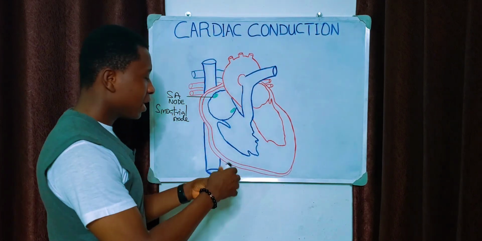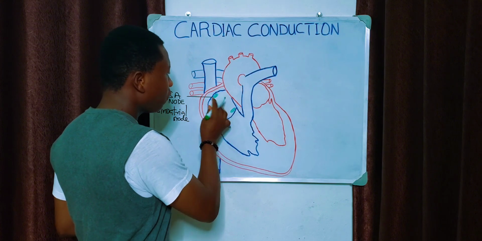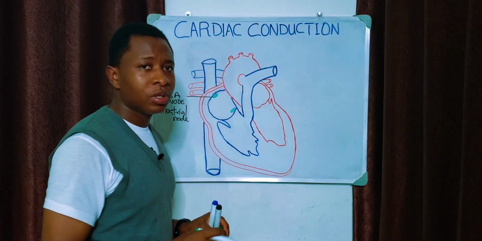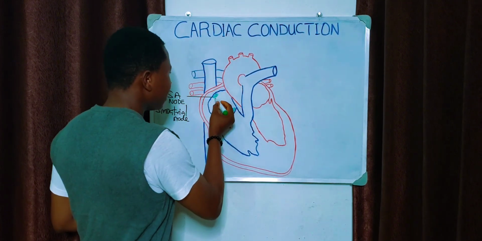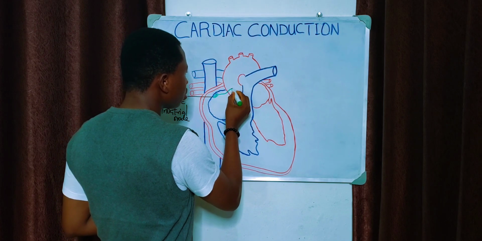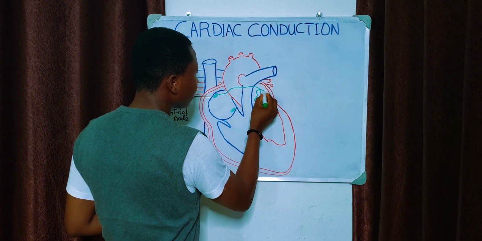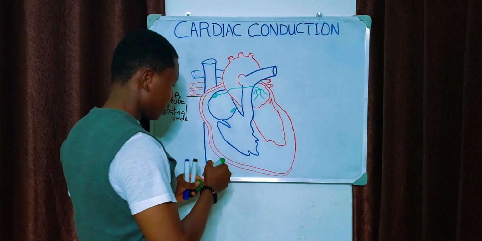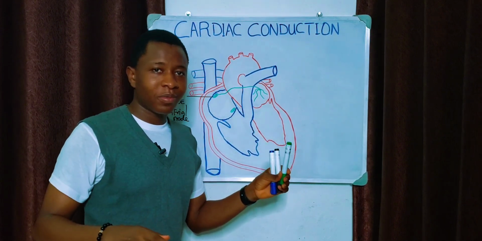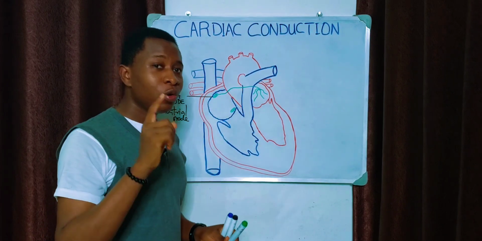Now, looking at the anatomy, there is a branch of this particular SA node. There's a branch of this fiber that goes out to the left atrium. This is what we call the intranodal.